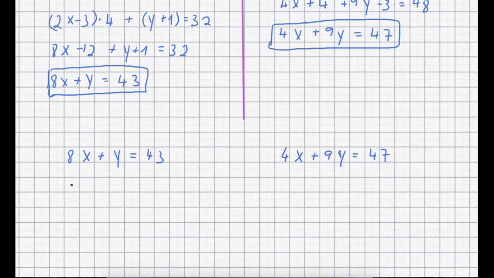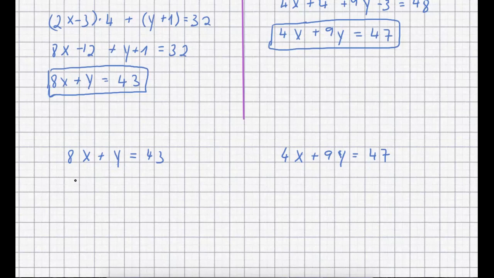I don't know how to say לבודד in English. To separate. Isolate, right. So how can I make the y be isolated? I want to have y on one side and everything else on the other side.